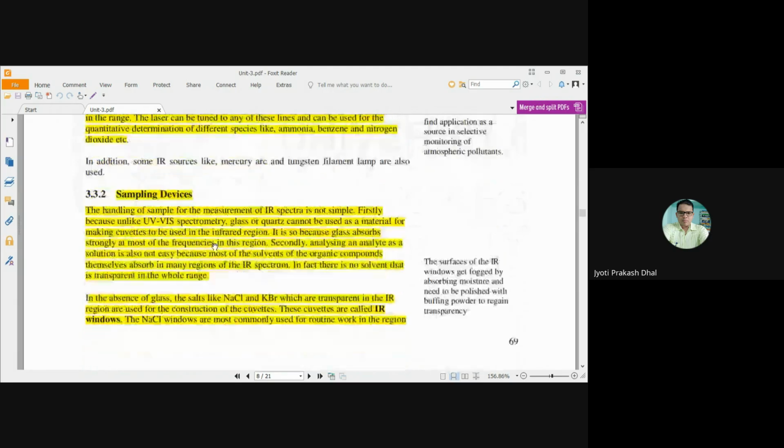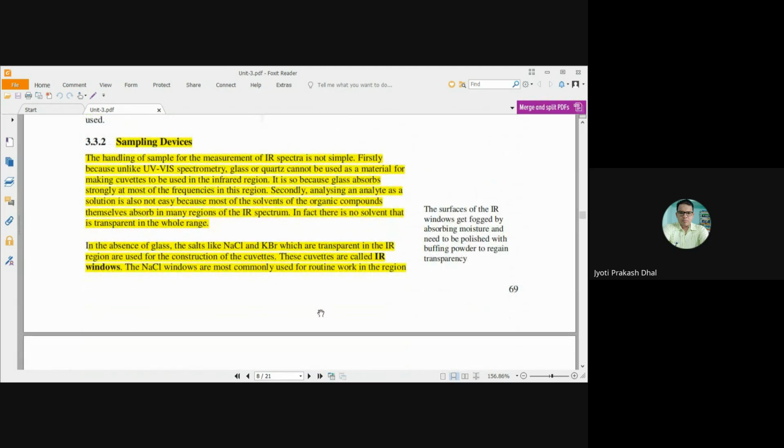Then coming to the sampling devices. The handling of the sample for the measurement of IR spectra is not simple. Firstly, unlike UV-visible spectrometry, glass or quartz cannot be used as a material for making cuvettes in the infrared region.